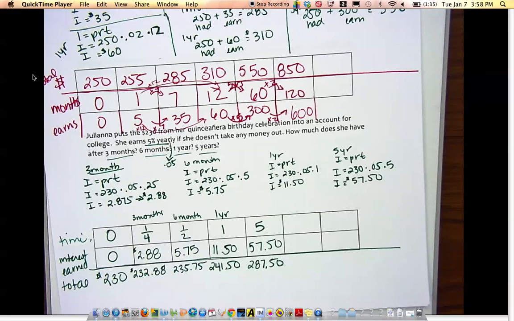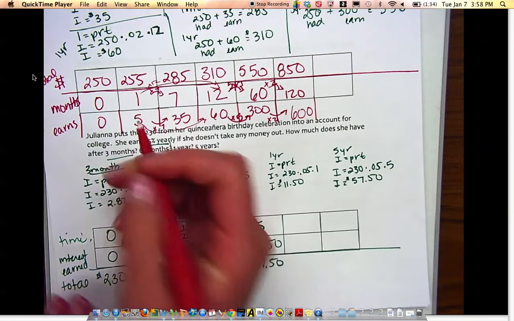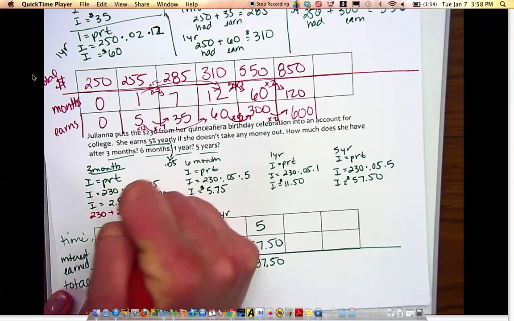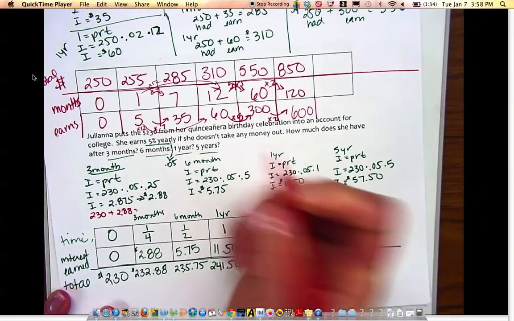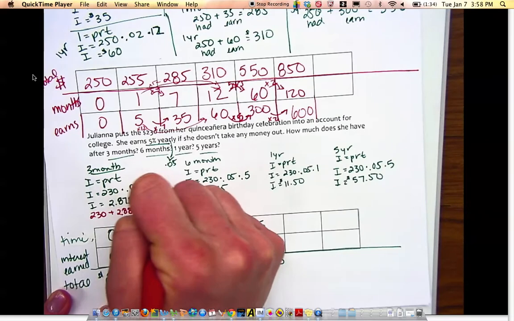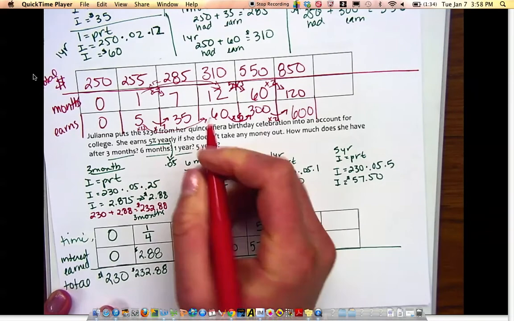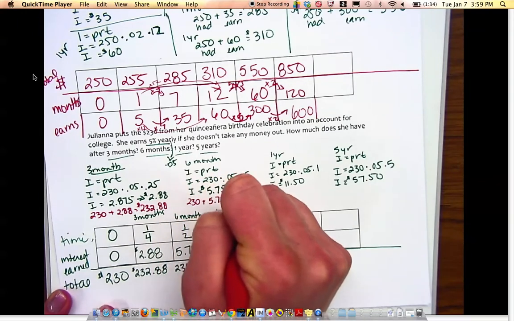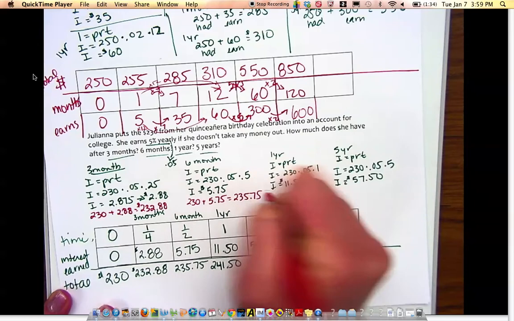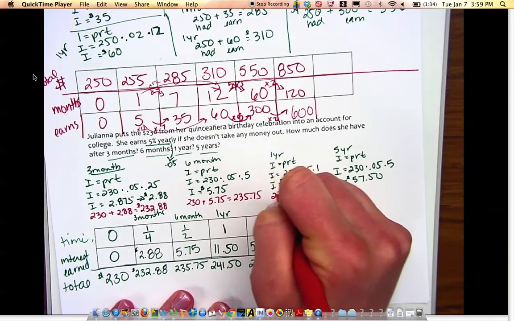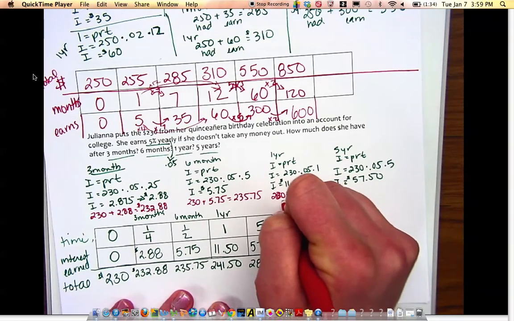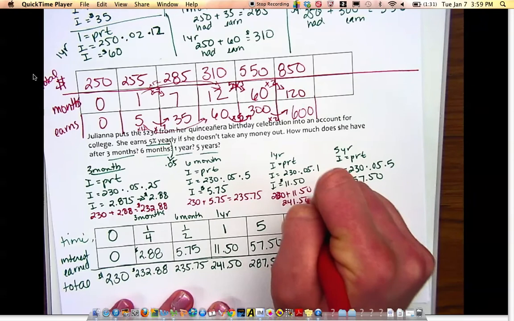So I still need to go back and add 230 in each of these. So I think I'm going to say at the bottom here, 230 plus $2.88, excuse me, equals 232.88. Let's see, 230 plus $5.75 equals 235.75. 230 plus 11.50 is 241.50.